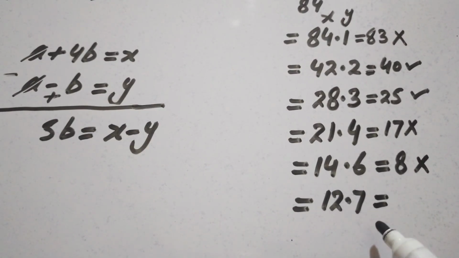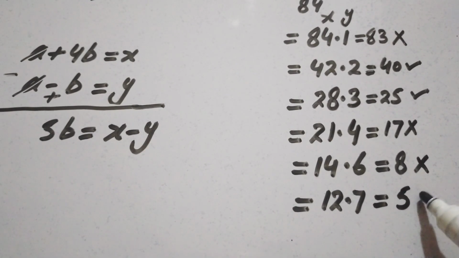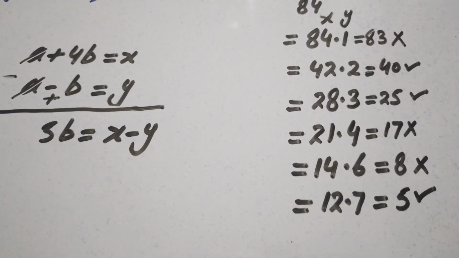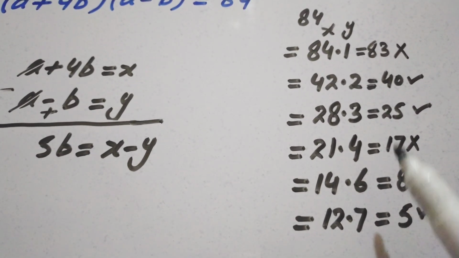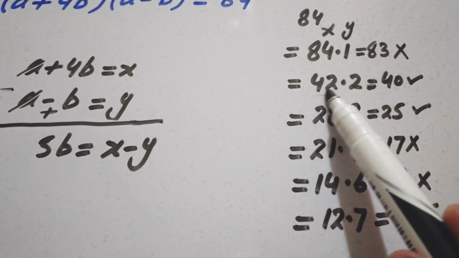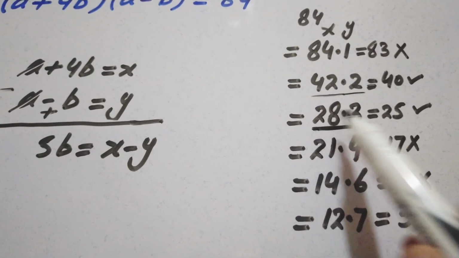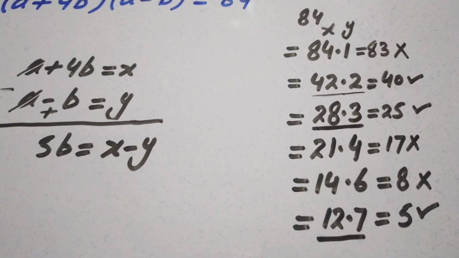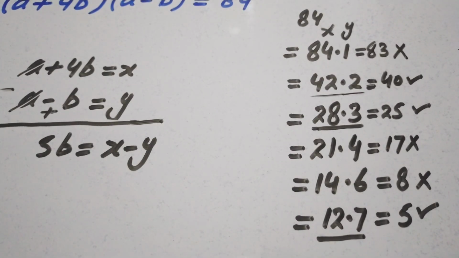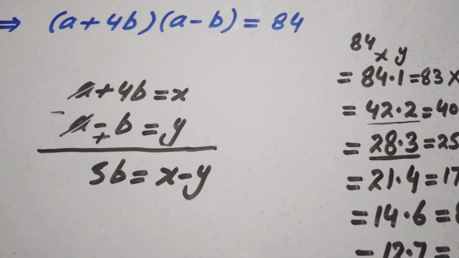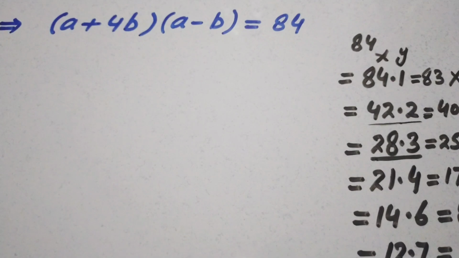And 12 minus 7 is 5. This is another case. So we have only three cases: 42 multiplied by 2, 28 multiplied by 3, and 12 multiplied by 7. Now let's find the values of a and b one by one.